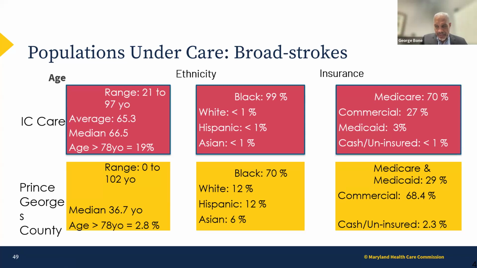Medicare at 70%, commercial at 27%, a small amount of Medicaid. Located in Prince George's County, which is primarily an African-American county, 60 to 70%, with approximately 10% uninsured in an overall unemployment environment of 2 to 3%.